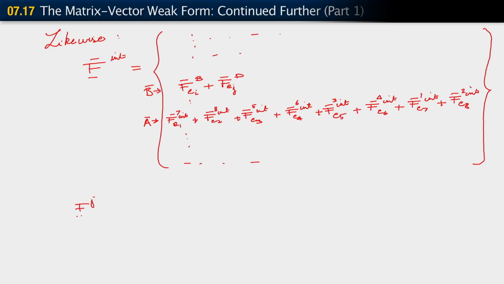F^J global vector, which represents the contributions from the tractions. Again, let's just do it for global degree of freedom B̄.